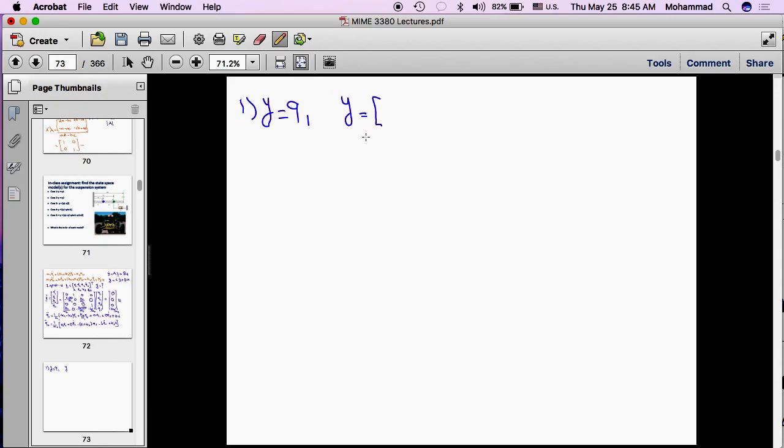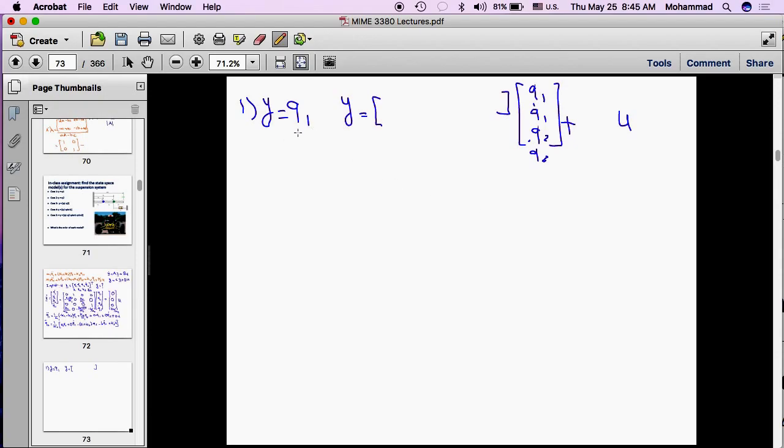X is still a column vector made of Q1, Q1 dot, Q2, and Q2 dot, plus, of course, something multiplied by U. What is the dimension of X? This is 4 by 1.